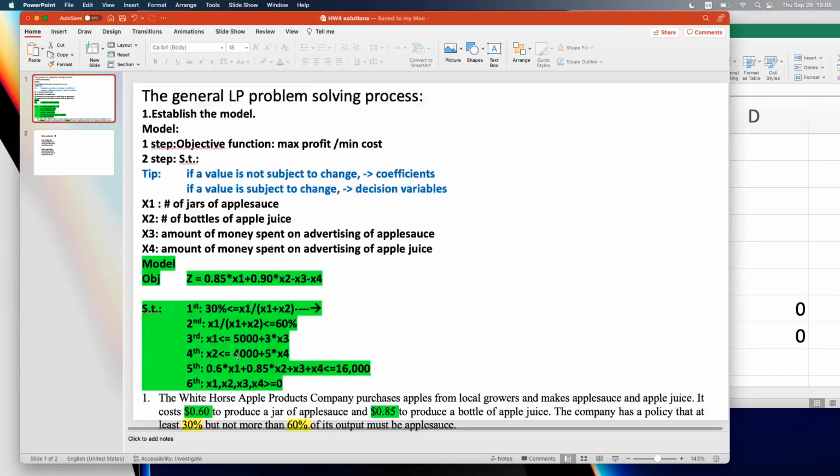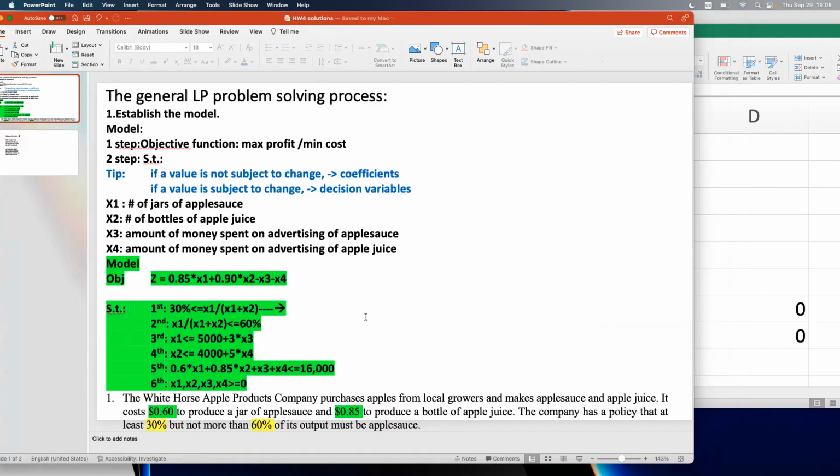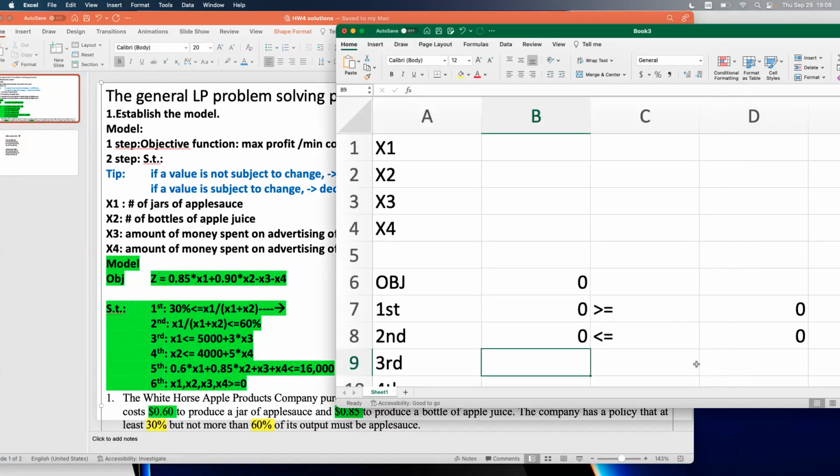Regarding the third constraint, same thing. Always try to simplify until one side, either left or right, only has values and excludes the variables. So for the third constraint, we move everything to the left.